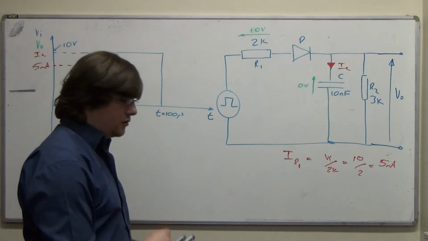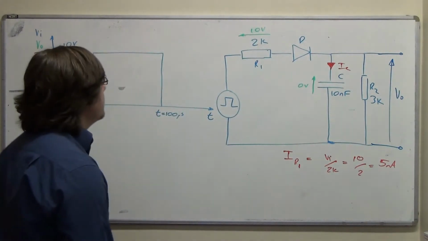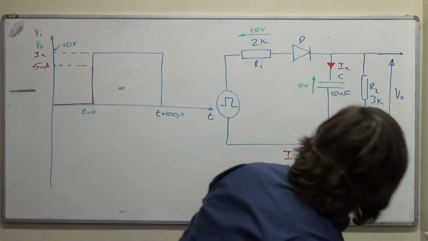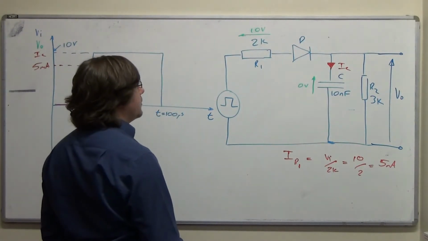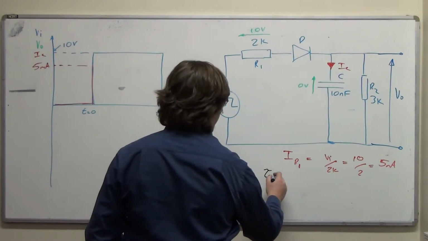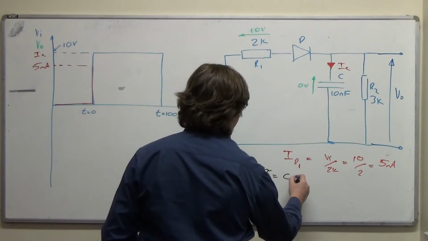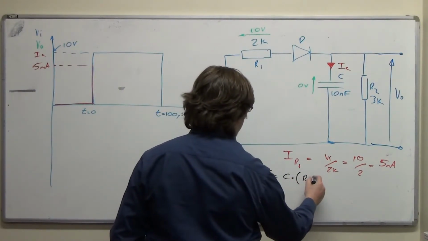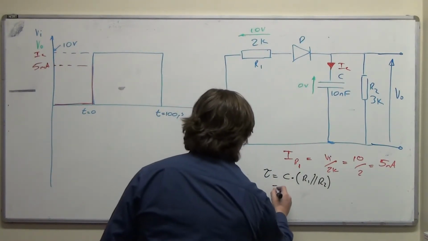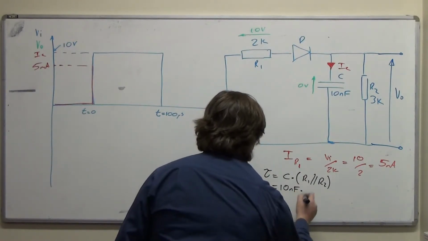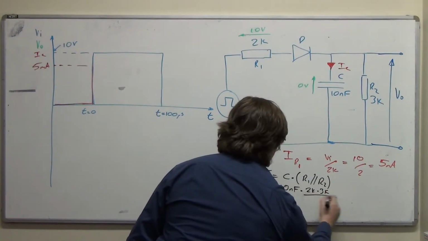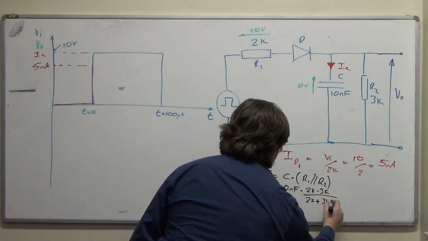To work out the time constant and be able to draw what the circuit's up to, we'll need to know the time constant. For this situation, it's not obvious what's going on, but tau is actually C times the parallel combination of R1 and R2. So this is 10 nanofarads times 2K times 3K over 2K plus 3K.